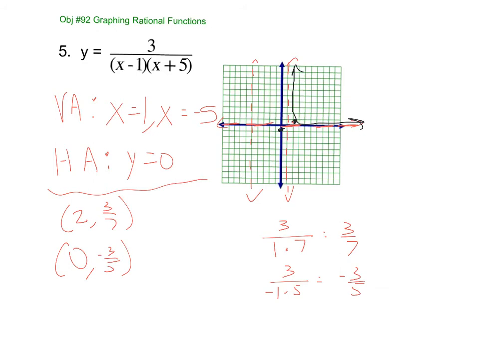So now we're going to do points close to the negative 5. So let's try negative 4. And we're going to try negative 4 and negative 6. So let's see what we get. 3 over negative 5 times 1. Negative 3/5 again.